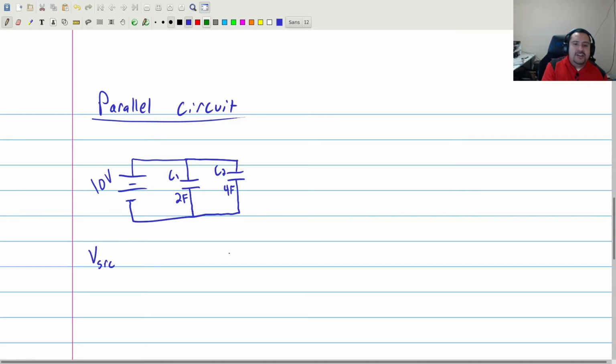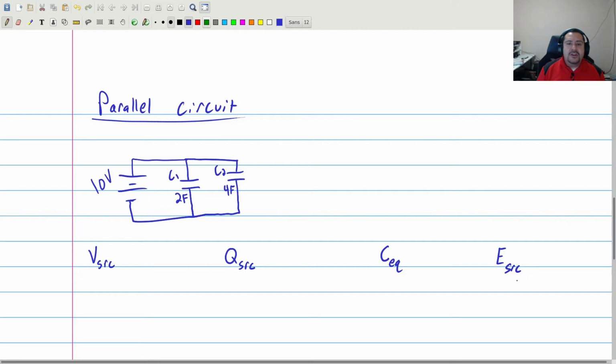We're going to be interested in the charge delivered by the source. We're going to be interested in the equivalent capacitance that the source sees, because that battery doesn't know what's out there beyond it. All that happens is it sees this much charge went out, therefore it feels like this circuit has that much capacitance. And then finally, we might have the energy delivered by the battery, so the energy from the source.